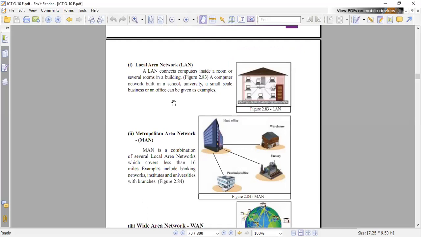Under that, the first one, local area network. Local area network, LAN.